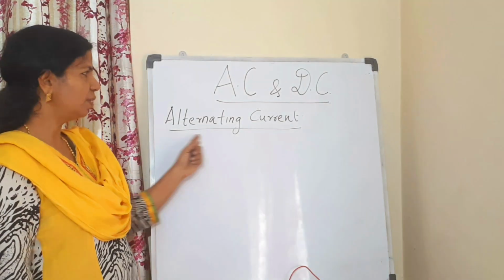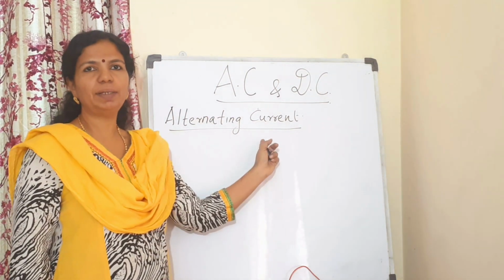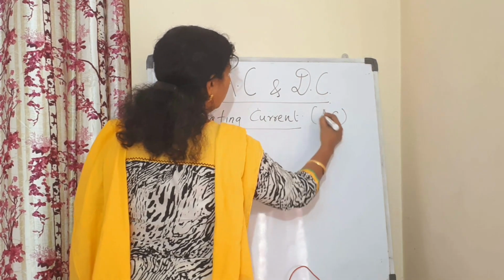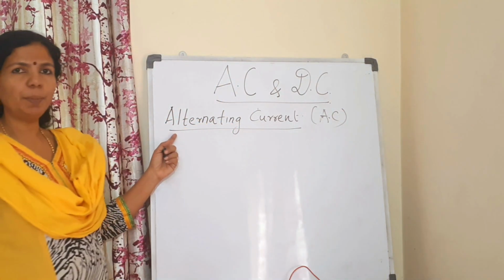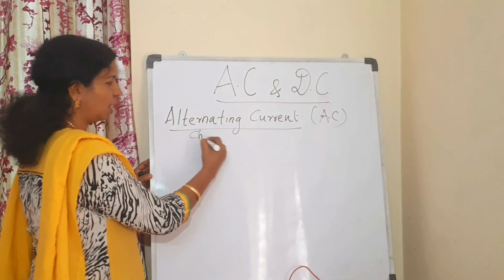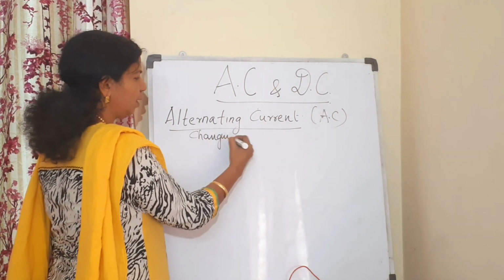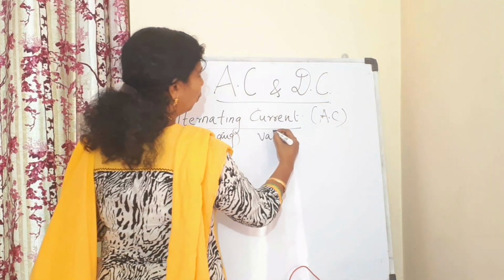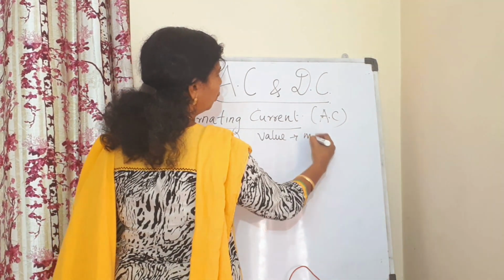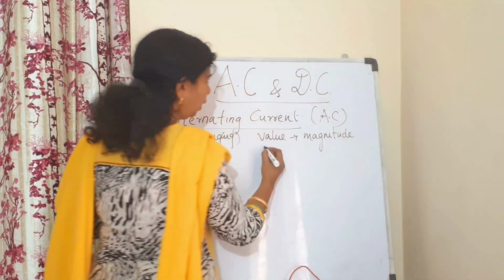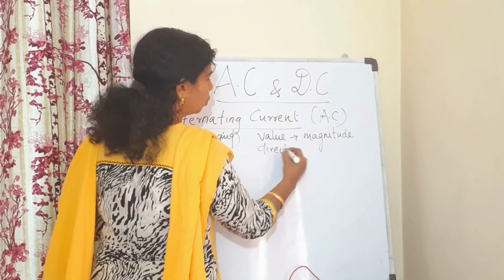So now we will first study alternating current or AC. From the name itself it is clear, it is alternating or changing. Let us see what is changing. It is changing its value or magnitude, and it changes its direction also.